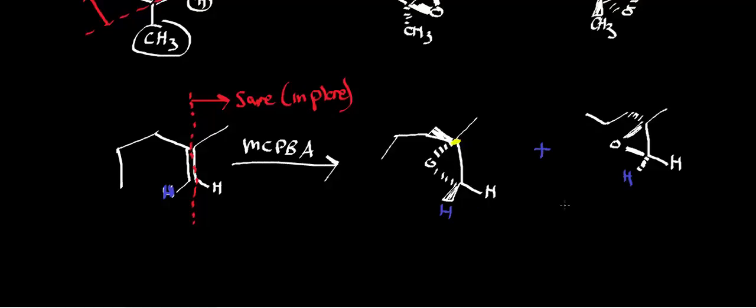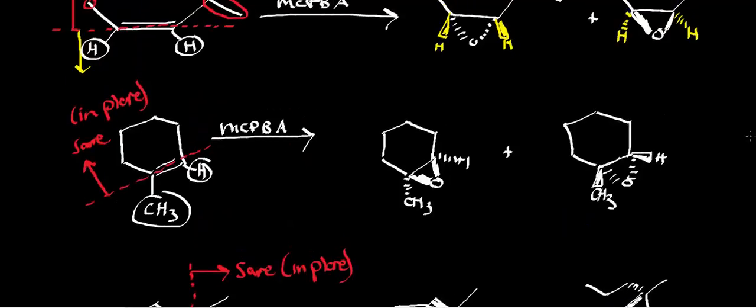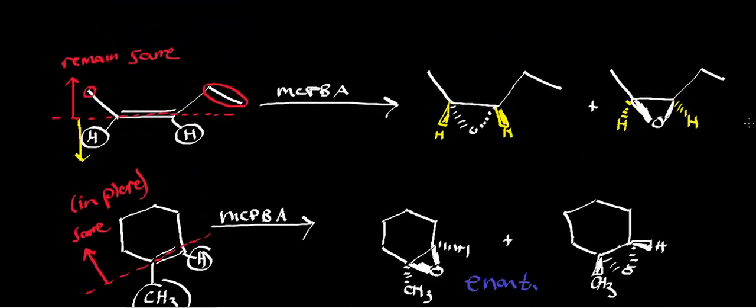Remember, this is not a chiral center right here, but these are enantiomers of one another. What about these? Well, there were no other chiral centers there, so these are also enantiomers, okay? And now in this one, notice we have a chiral center here. This is a chiral center here.